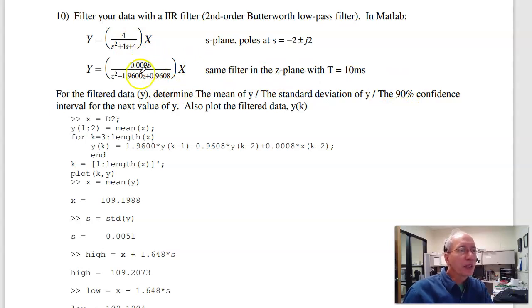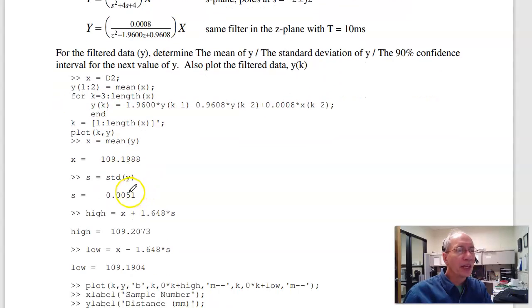This second program just says I'm going to spin through my data. The current output is 1.96 times the previous output, minus 0.96 times the output 2 samples ago, plus 0.0008 times the input 2 samples ago. Spin through the data, run it through that filter, and now the standard deviation drops to 0.005, much, much smaller.